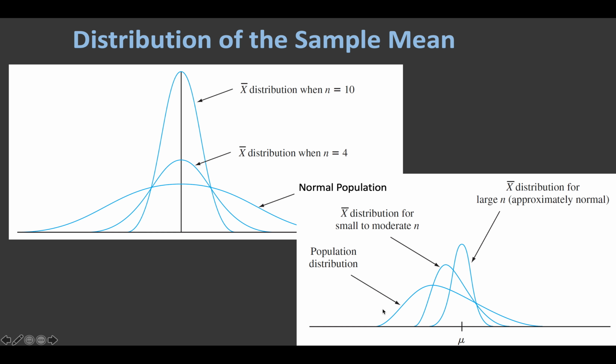But even if the population distribution does not follow a normal distribution, you can see it's skewed to the left, when we start moving n larger and larger, picking a large enough n, it becomes very much like a normal distribution. You see, it's approximately normal. So it really doesn't matter what your original distribution is. When you start taking the samples, it becomes more and more like a normal distribution. You can treat it as a normal distribution.